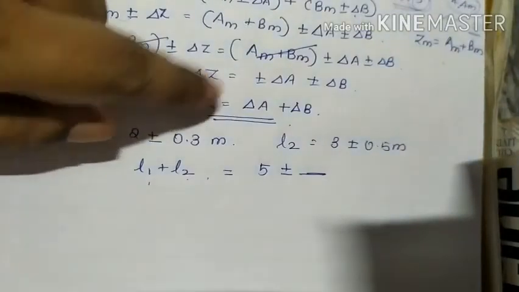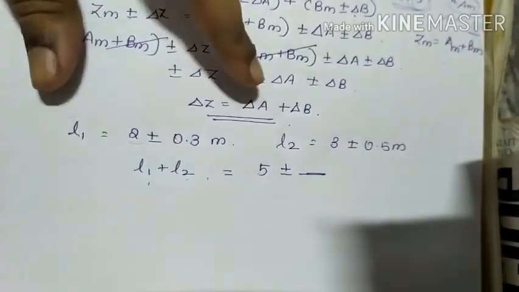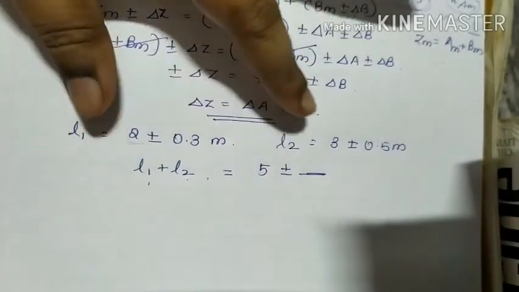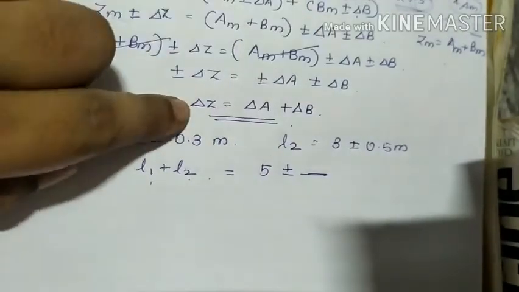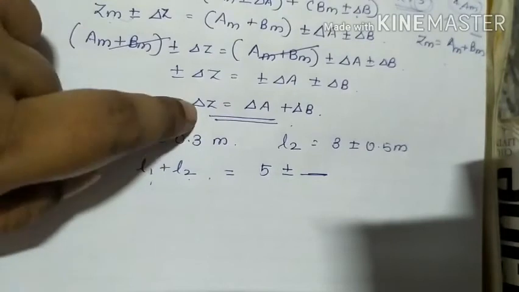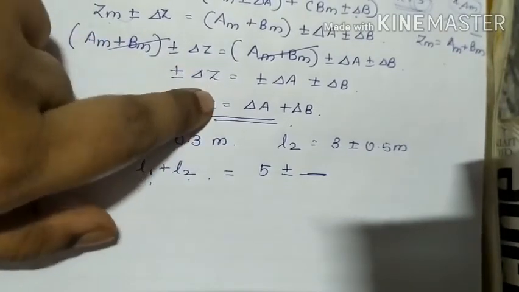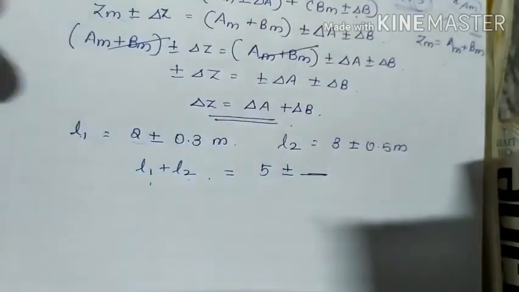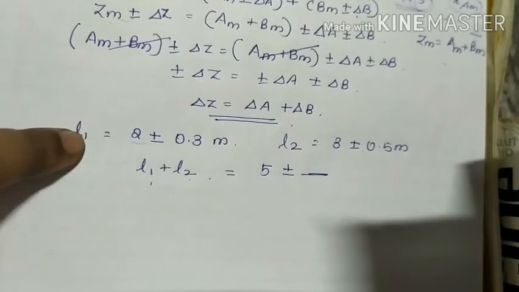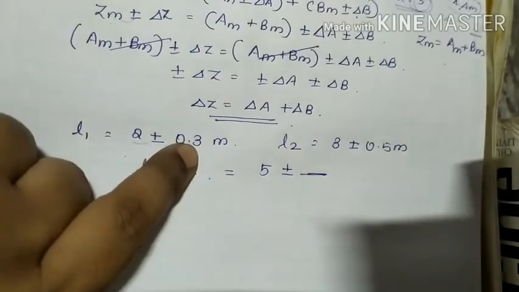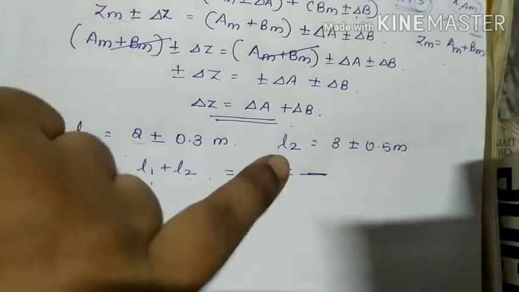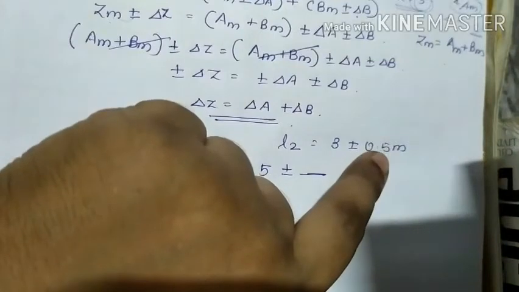So when you add two measurements, the error of the result, delta Z, is the sum of the errors of the individual measurements. L1 has an individual measurement error of 0.3, and L2 has 0.5.